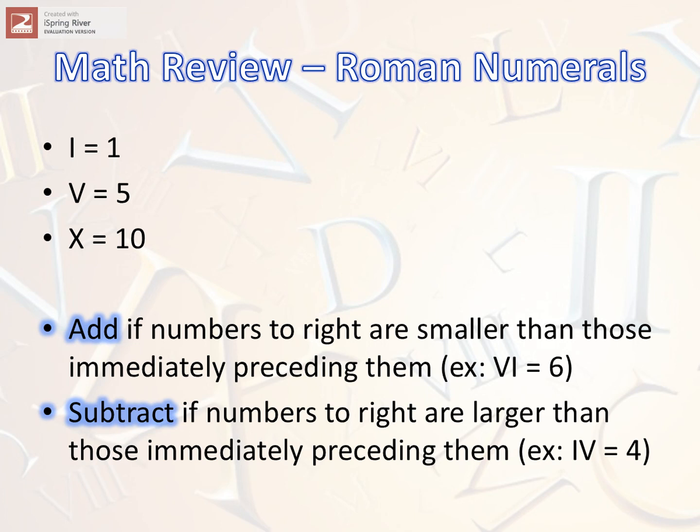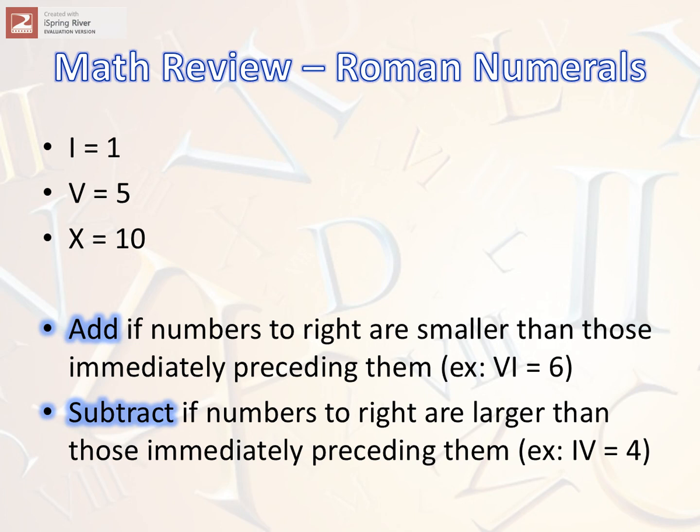To read Roman numerals, you add the numbers if the numbers to the right are smaller than those immediately preceding them, those right before them. So the I is smaller than the V, so we're going to add them together. V is 5, I is 1, 5 plus 1 is 6. Okay?